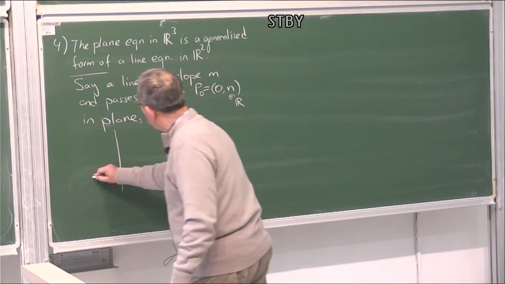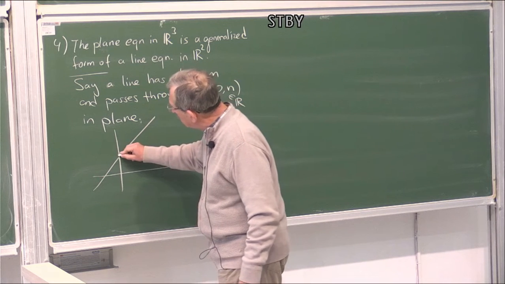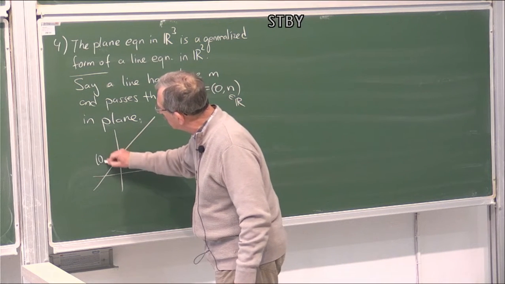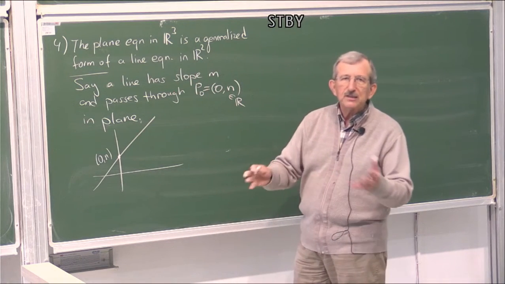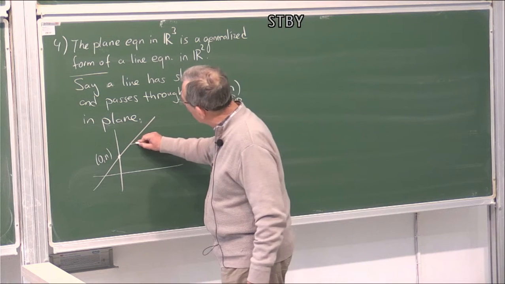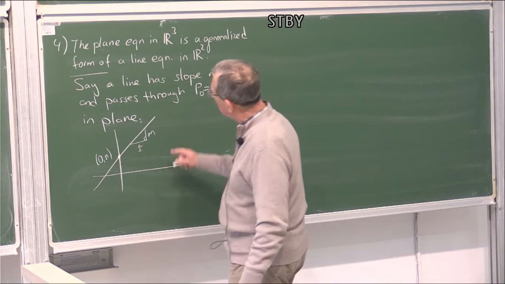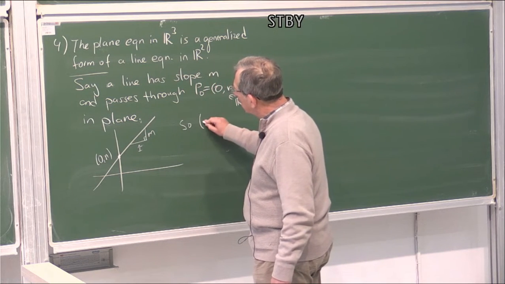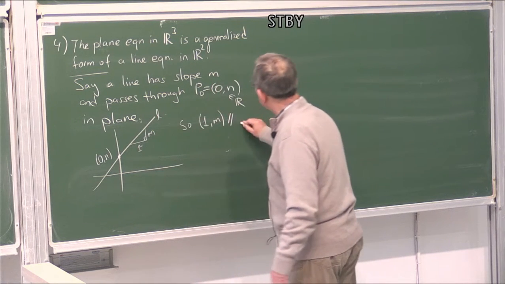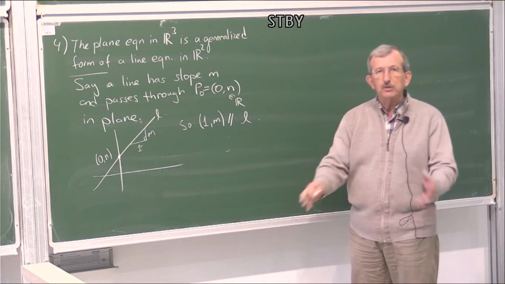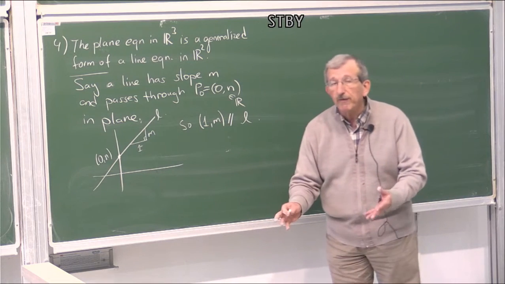So we have some line. It passes through this point, and it has a slope m. Clearly, slope means if you take 1 here and m here, the vector (1, m) is parallel to this line L because its slope is m. Well, we don't want a parallel vector, we want a perpendicular vector.